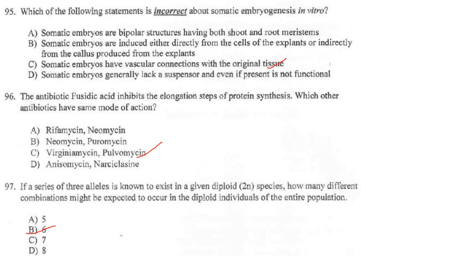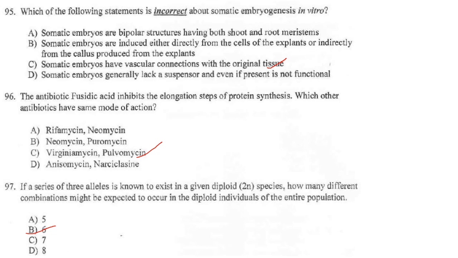Then, if a series of 3 alleles is known to exist in a given diploid species, how many different combinations might be expected to occur in the diploid individuals of the entire population? So in this case, if you take the example of ABO blood group, there are 3 alleles for blood groups and you can get 6 different genotypes.